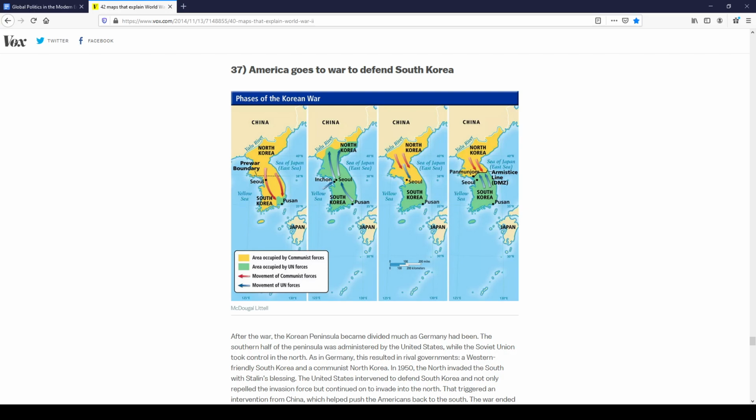He left out South Korea, and the communist world interpreted that as South Korea not being that important to the United States. The communist regime in the North saw an opportunity, rather than risk an election, to unify the Korean Peninsula through force. And so that's the first, you've got four panels here.